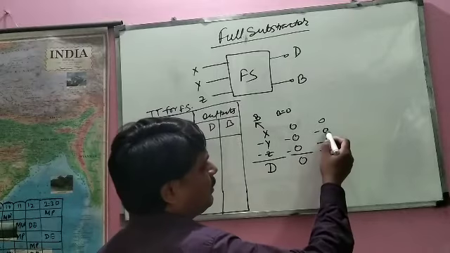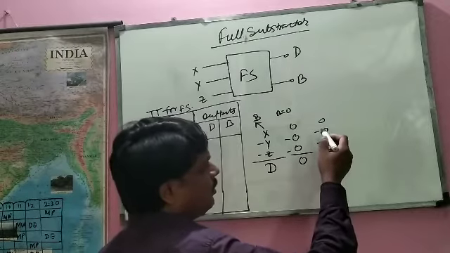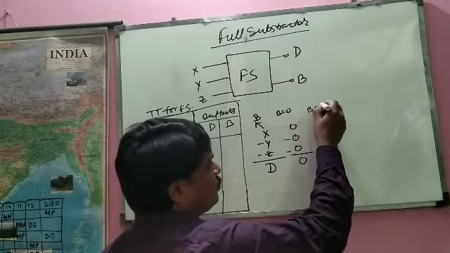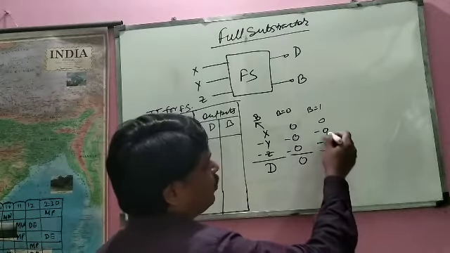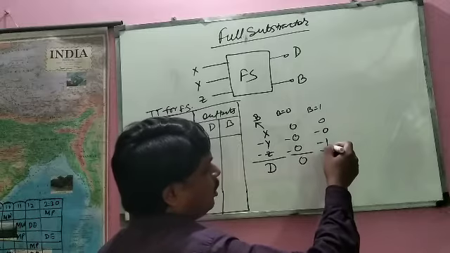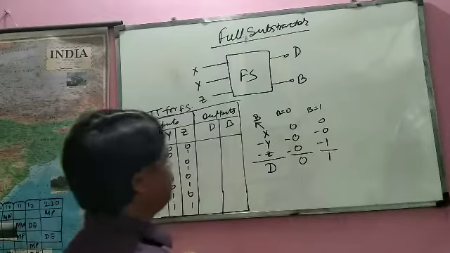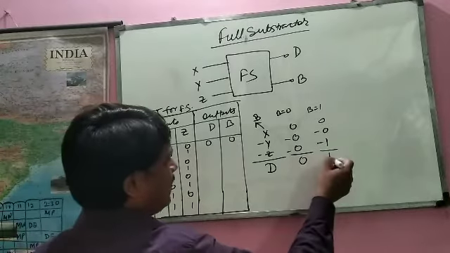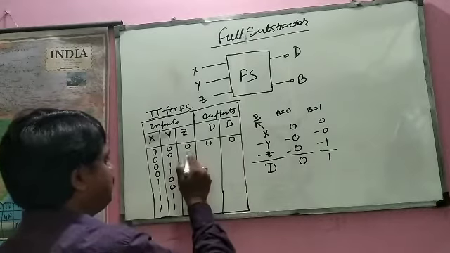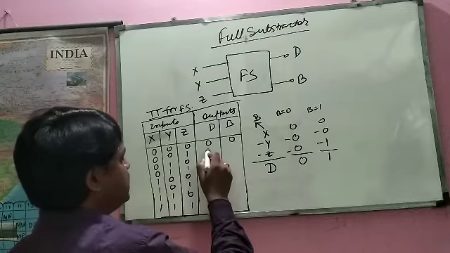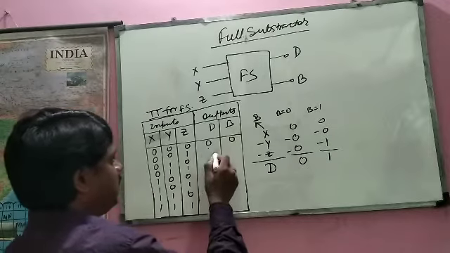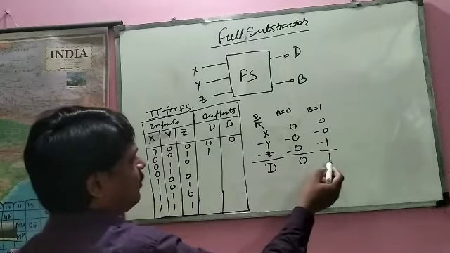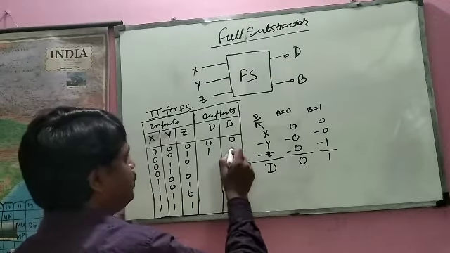If we want to subtract 1 from 0, then we will have to take the borrow. Let us suppose we have taken the borrow 1. So it has now become 2 minus 1, so it is 1. In the first case it was 0 0. In the second case difference is 1 and borrow is also 1.